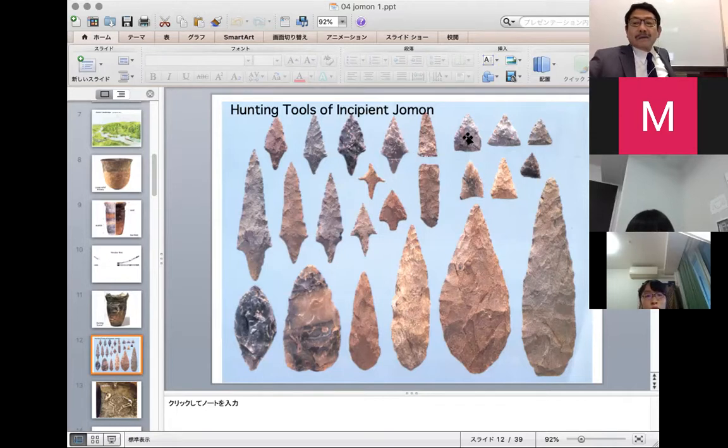And one of the biggest things is the efficiency of use of your stone material, which I explained in the Paleolithic period. You have to adopt a lot of devices like a blade technique, microblade technique, in order to use your precious stones efficiently. But now you only have to make these.